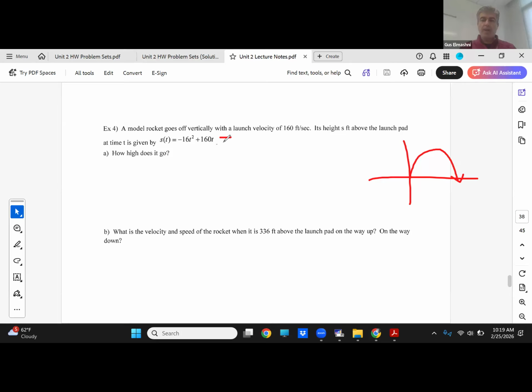I would strongly suggest you factor out negative 16t to help you with some of the stuff, but you may want to keep the original as well. X-intercepts are pretty easy to figure out. You may need to use a calculator for part B, so that might help.